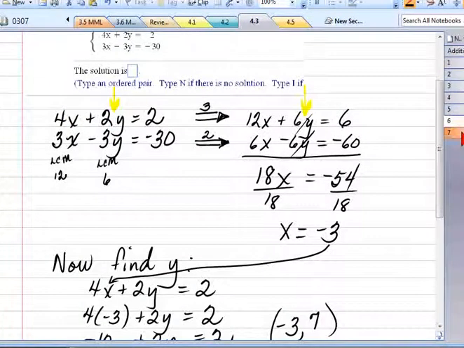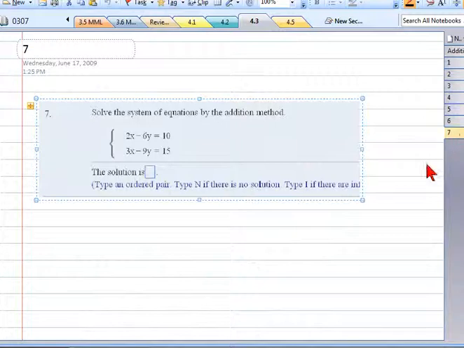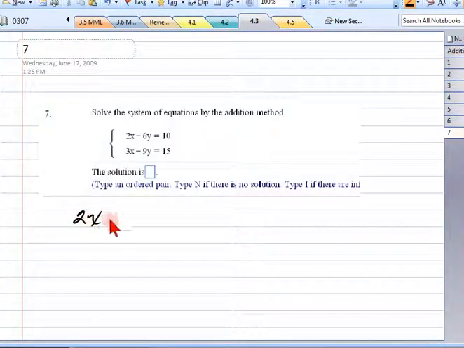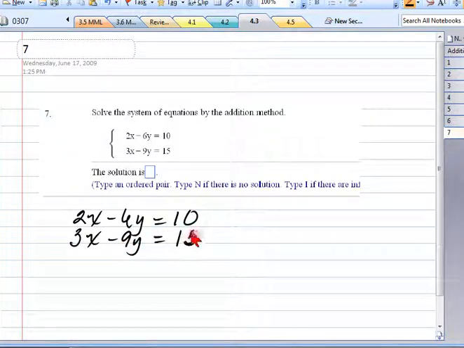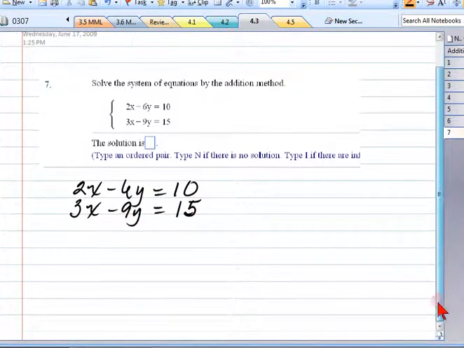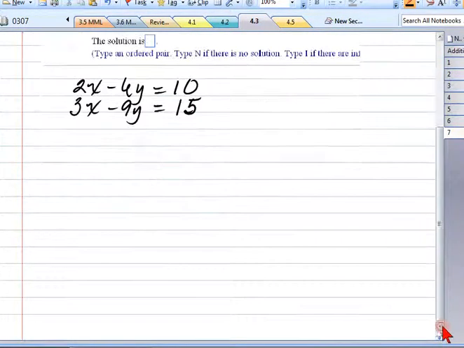Okay, last one. It is 2x minus 6y is equal to 10, and 3x minus 9y is equal to 15. We've got that same least common multiple issue to deal with again.